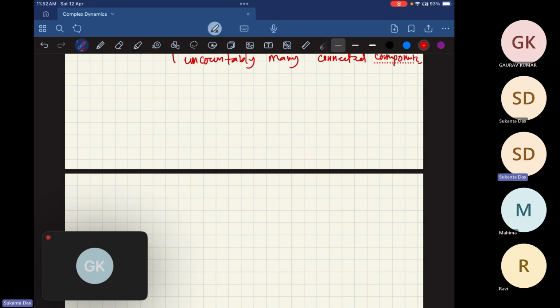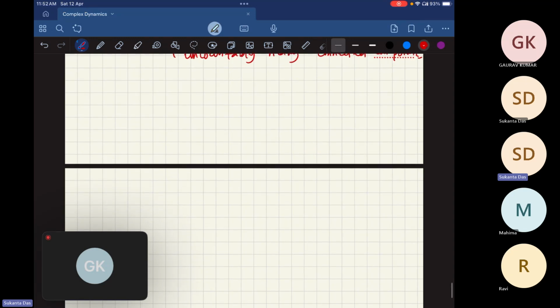Okay, now these are little things which will help us to understand the dynamics in a more general setup. Let me define one more thing, which is the grand orbit. What is the grand orbit?